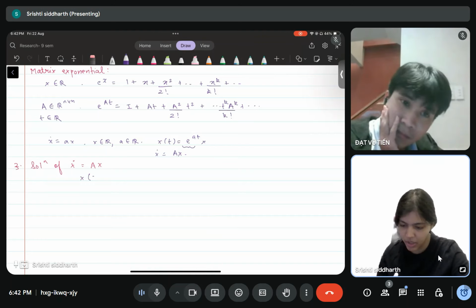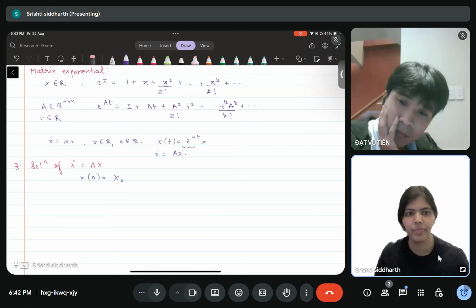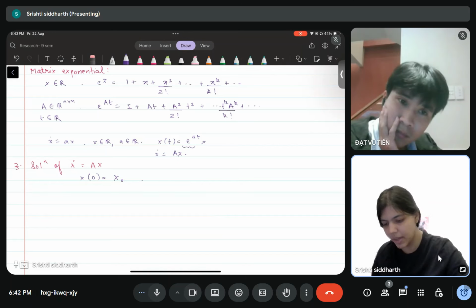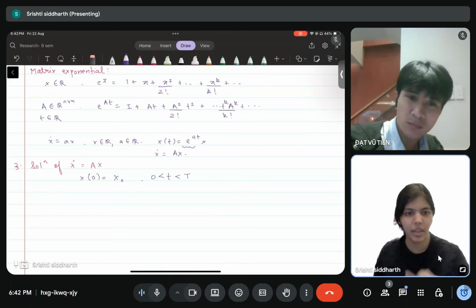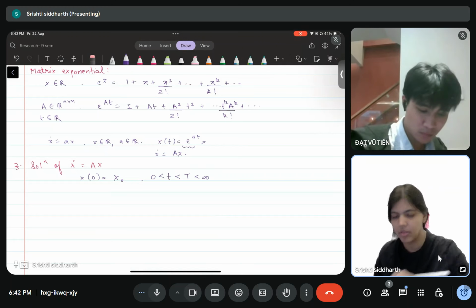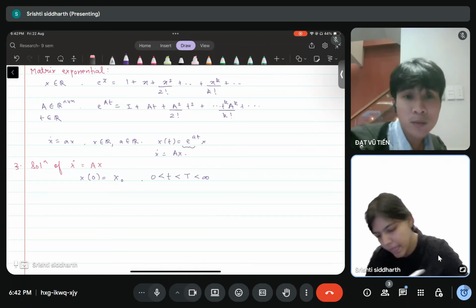Let's say the initial condition is some x naught, and we're considering time from 0 to, let's say, some capital T, which is finite.